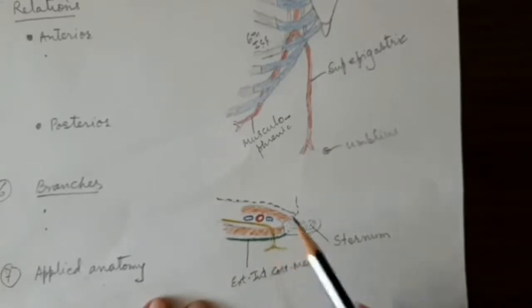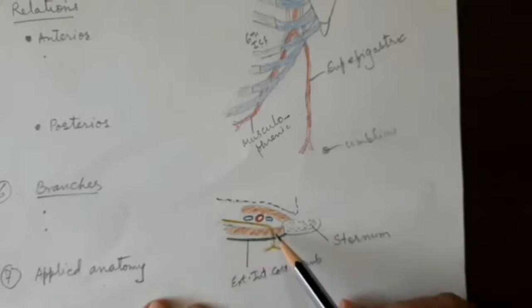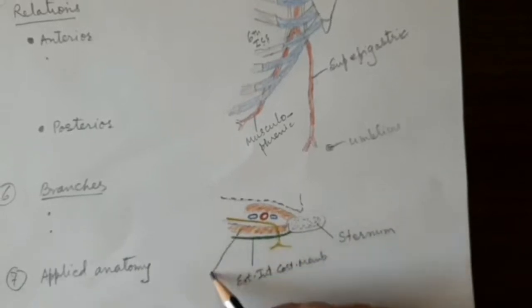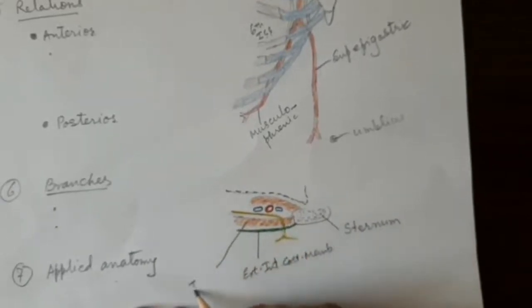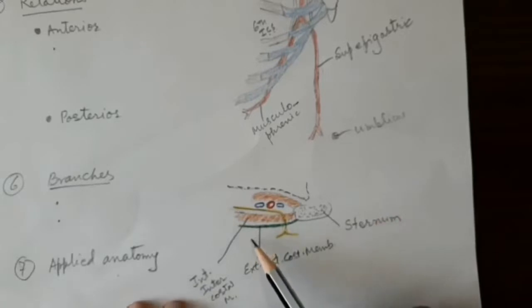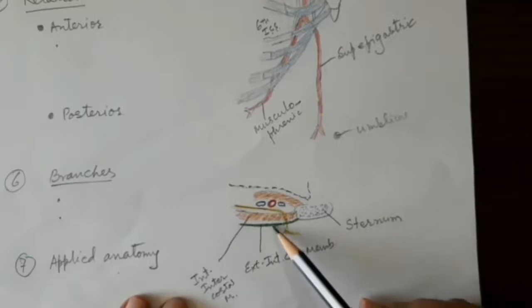Then this artery which is lying here, anterior to it will lie a muscle, and this muscle which I have drawn here is the internal intercostal muscle. So there will be a muscle deep to this membrane.